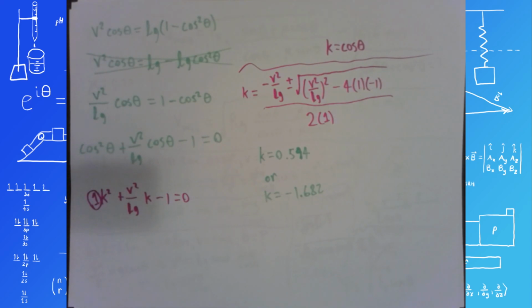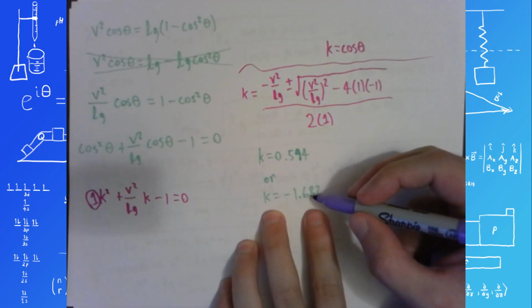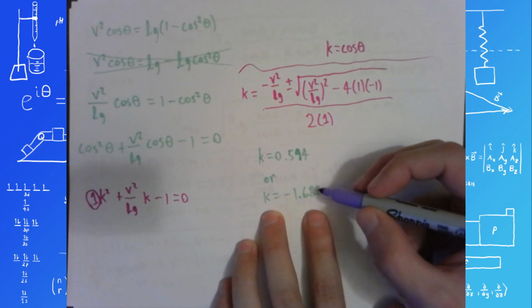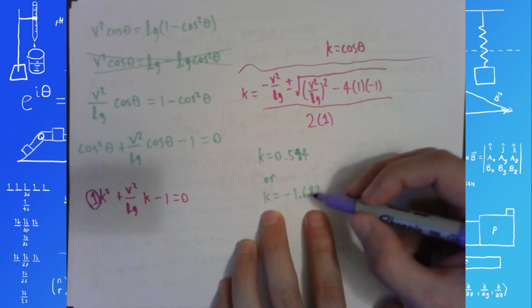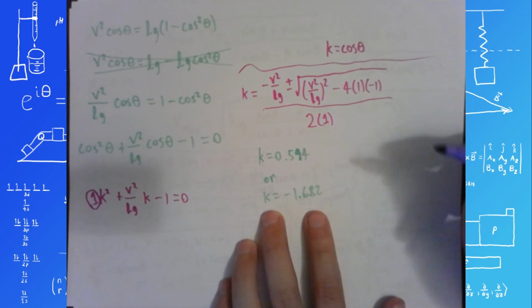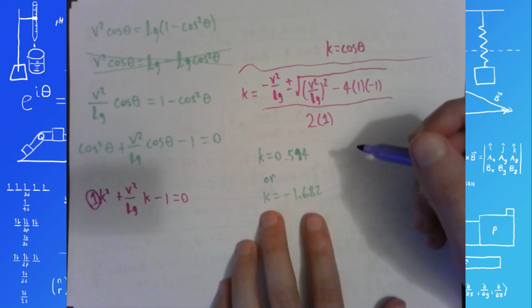They can't go above 1, they can't go below negative 1. So it's impossible for cosine theta to be equal to negative 1.682. If you try to do the inverse cosine of this number on your calculator, you will get an error, as you should. Actually, it wouldn't even matter if your calculator was in a different angle mode for this.